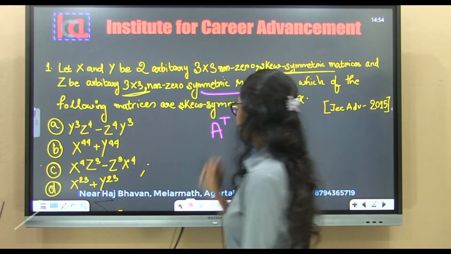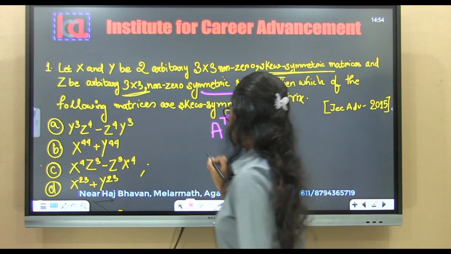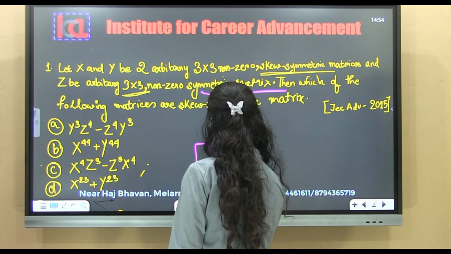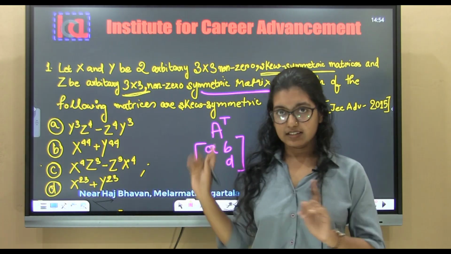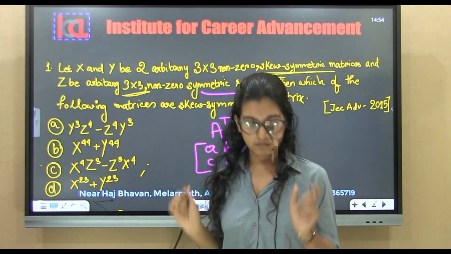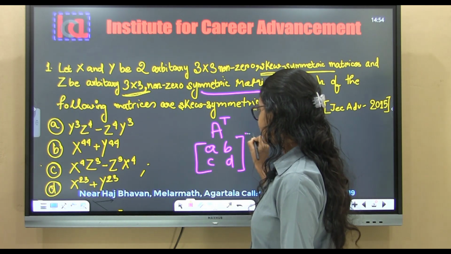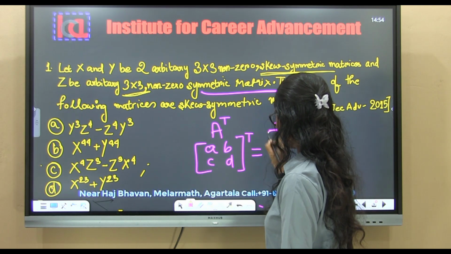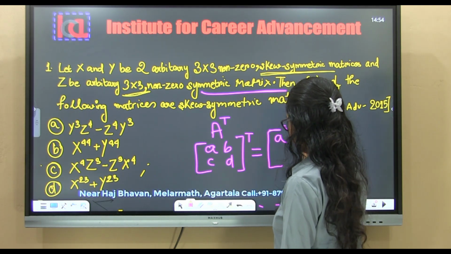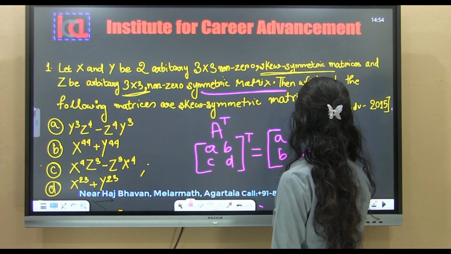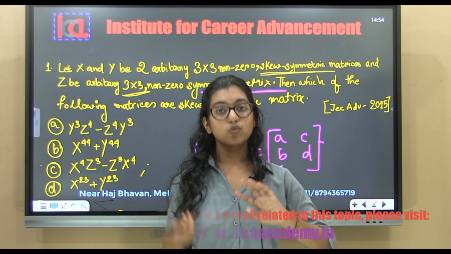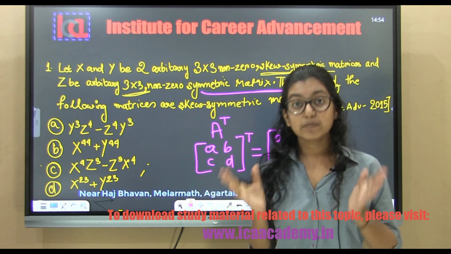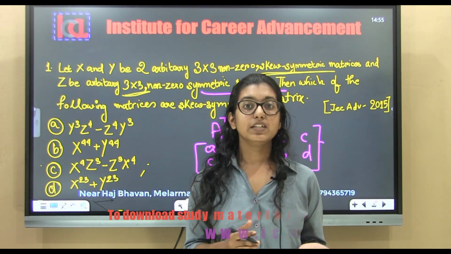Then the transpose of A, for suppose let this be a 2x2 matrix, then its transpose, which is represented as T, it will be A, C, B, D. Simply the columns and the rows get interchanged in transpose. Okay. So in symmetric matrix, A transpose will be equal to A.